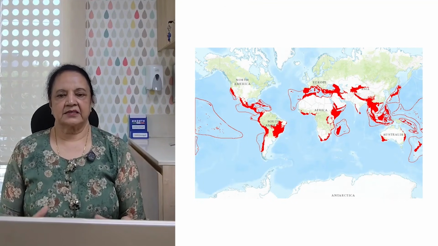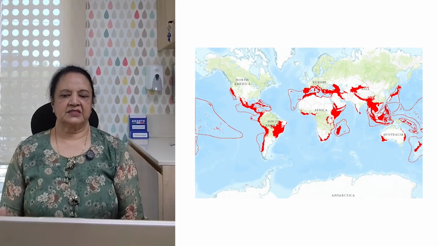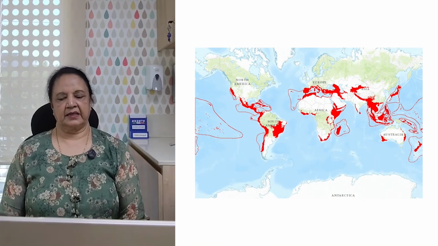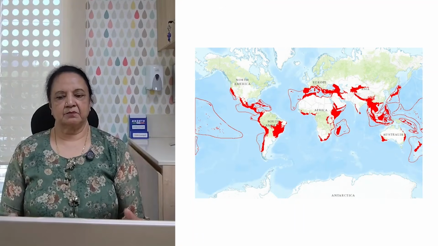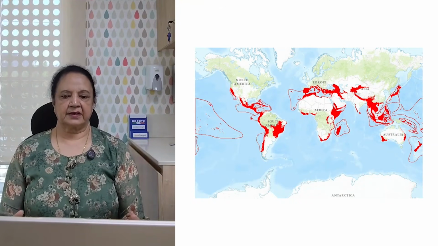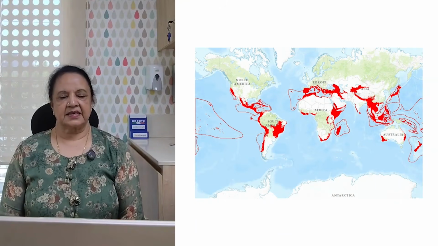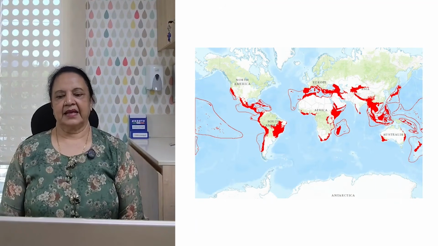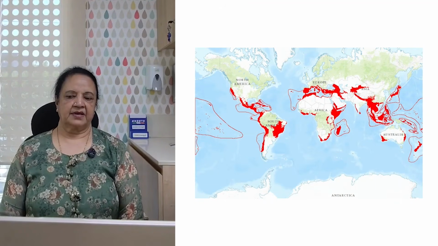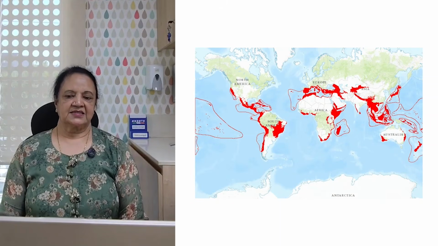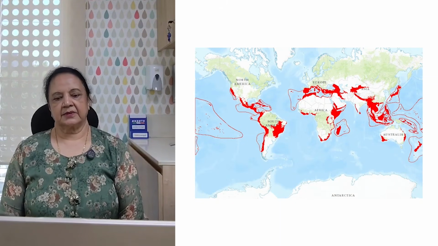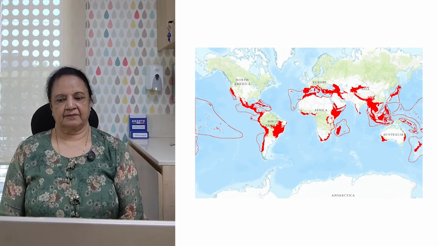To qualify as a hotspot, a region must meet two strict criteria. First, it must have at least 1500 species of vascular plants as endemic. And second, it must have lost at least 70% of its original habitat.